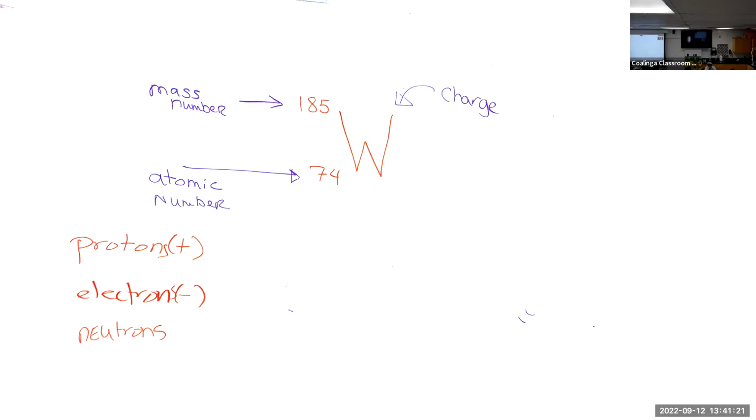Okay, so number of protons: 74. Number of electrons: 74. Number of neutrons? And how did you get 111?